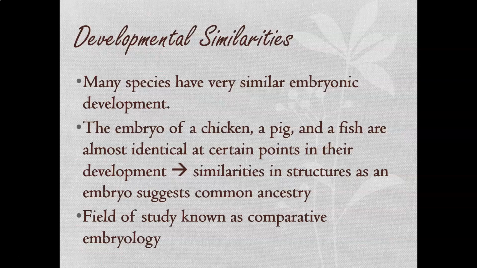Last thing, so we mentioned, especially with those homologous structures, that not only are they similar in terms of structure in adults, but they also share developmental similarities, especially embryonic developmental similarities. So there are a lot of species that when we look at them early on in embryonic development, it's very difficult to tell the difference from one species to the next unless you are very much an expert in doing this.